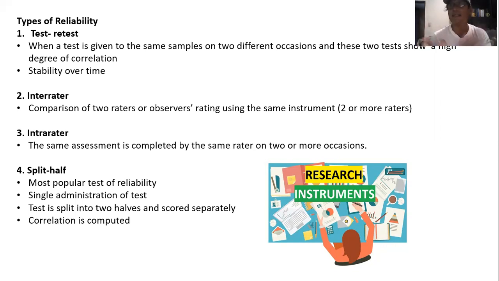Then compare their answers, correlate the answers of the two groups. A high correlation must be incurred to guarantee the reliability of the questionnaire. Okay? So those are the four types of reliability.